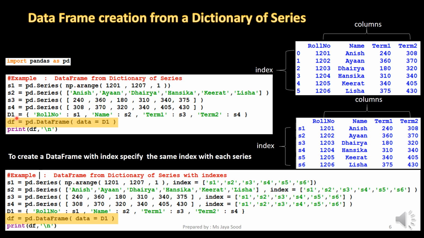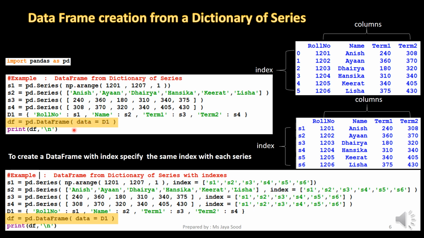D1 is a dictionary with keys roll number, name, term 1 and term 2. The series S1, S2, S3 and S4 are the dictionary values. DF is a data frame object which is created by invoking the constructor and passing this dictionary D1 as the data.